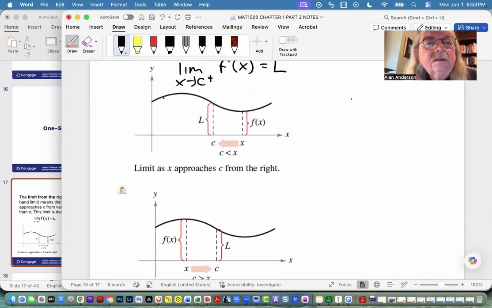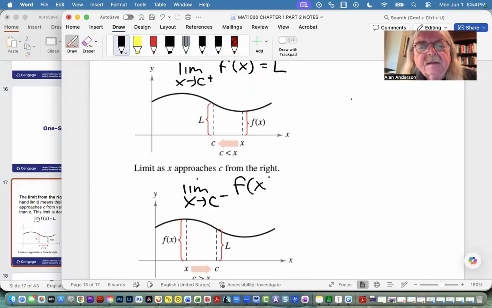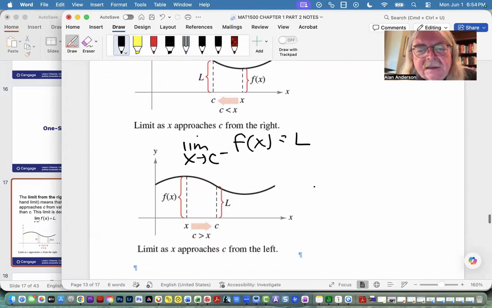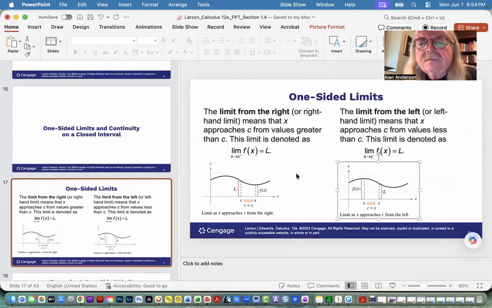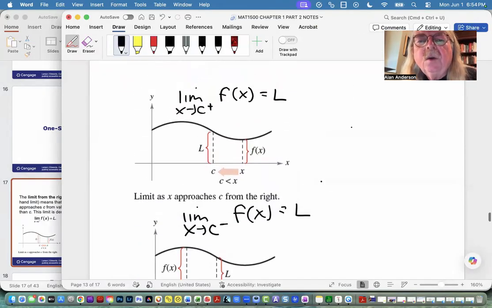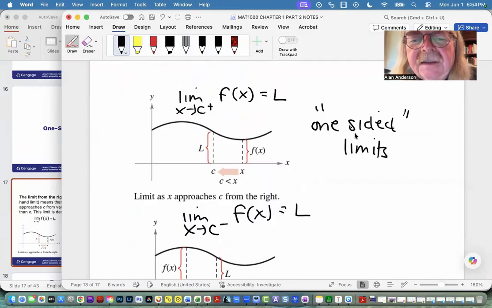And therefore, what we have here is the limit as x approaches c from the left, which looks like it's also L. We went through this before, but it's a good opportunity to review it. And these, by the way, are collectively known as one-sided limits.